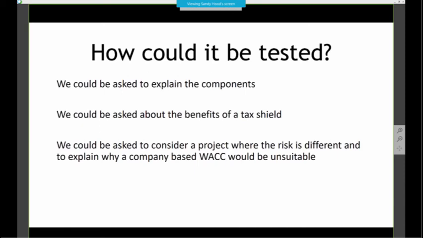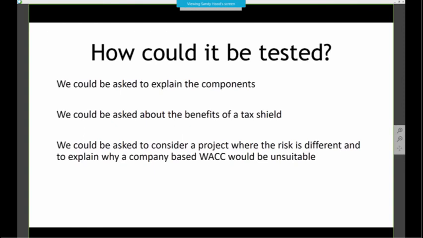And you could also be asked to consider a project where the risk is different. You might have a scenario where 2 directors contact you, one of whom has shown that their expertise is not in the financial area, and they don't quite understand why you would want to use a different discount rate from the WACC that the company uses as a whole.